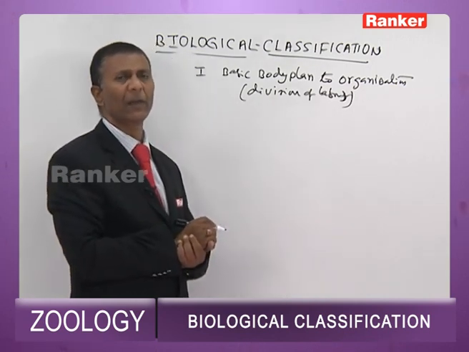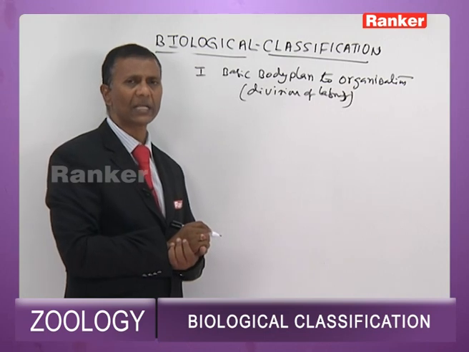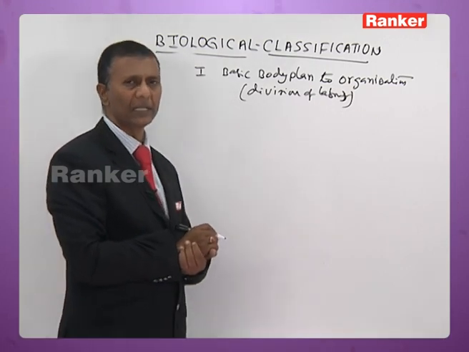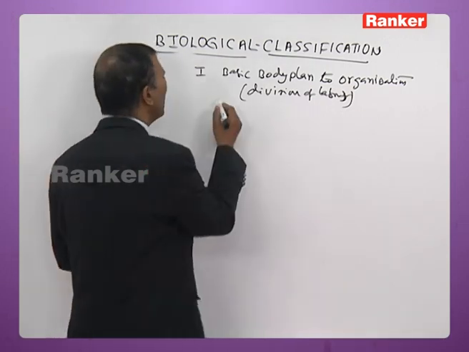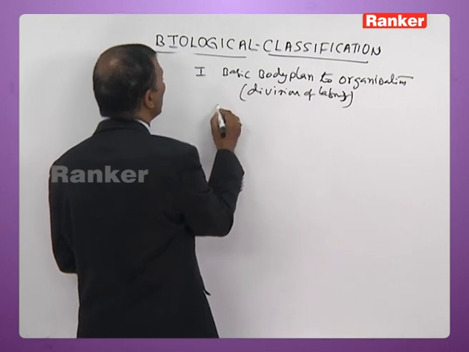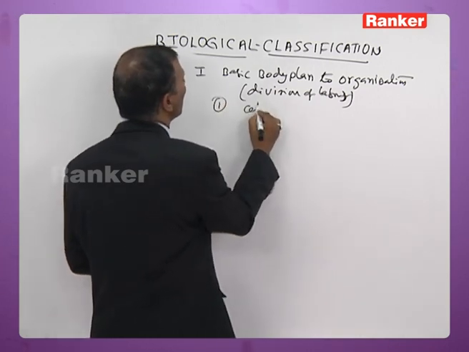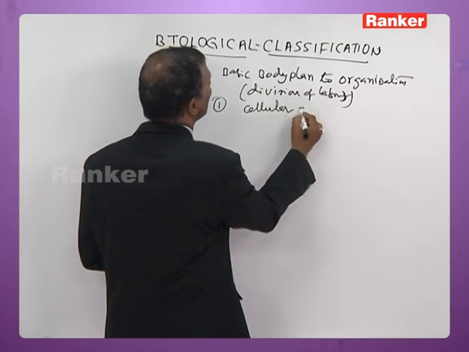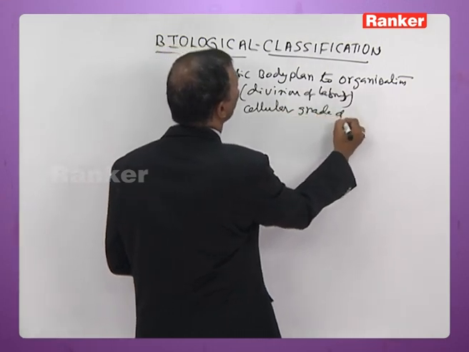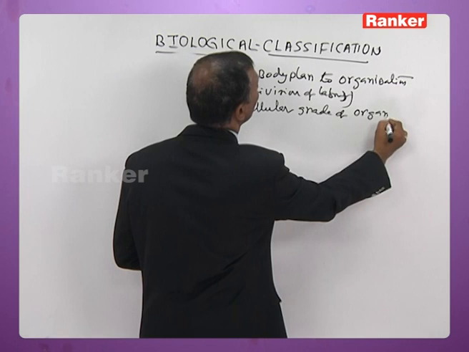On the basis of division of labor here, the animals exhibit 3 kinds of organization. First you have the cellular grade of organization.